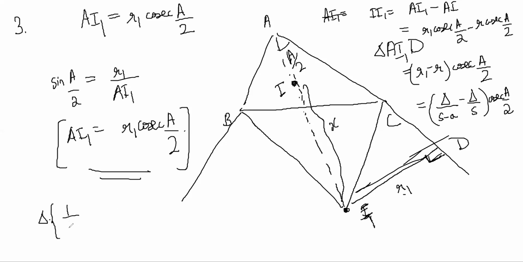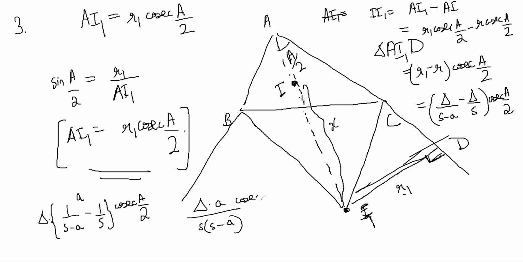It is 1 by S minus A minus 1 by S, times cosec A by 2. So S minus S minus A becomes A on top, del into A by S into S minus A, into cosec A by 2.